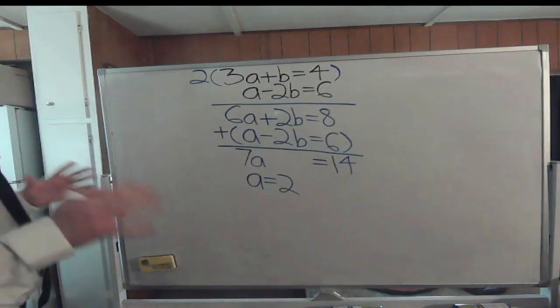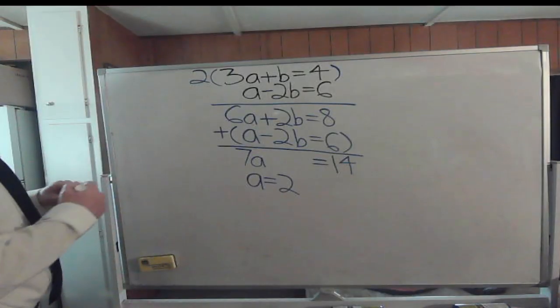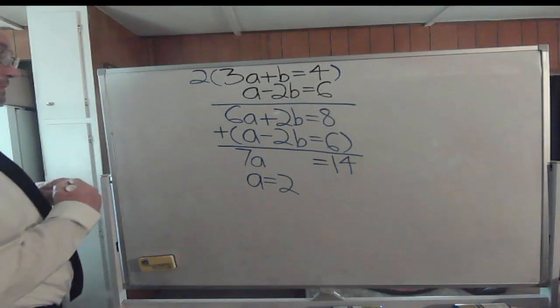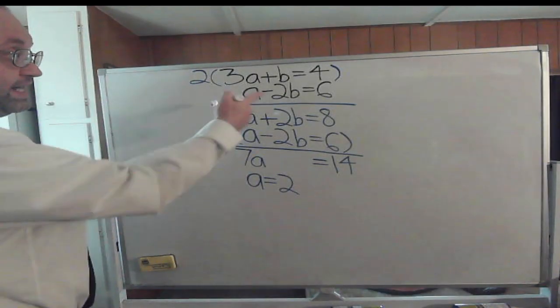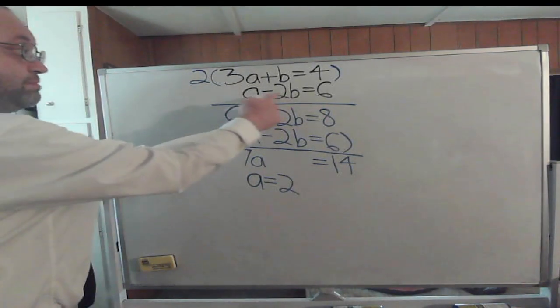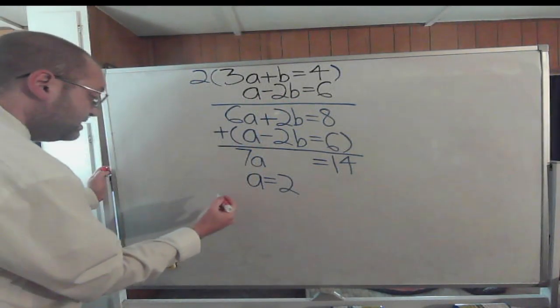Now we found the a coordinate, we need to find the b coordinate. So what we have to do is pick one of these equations to stick the a in and then solve for b. I'm going to pick a minus 2b equals 6.